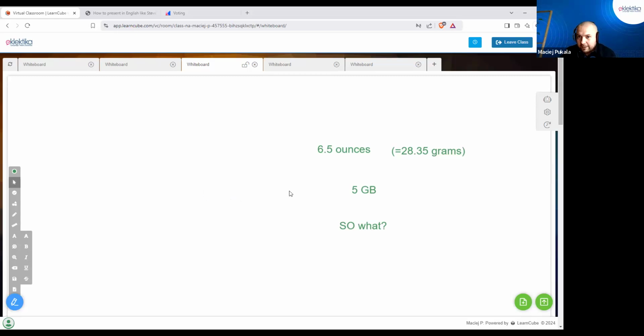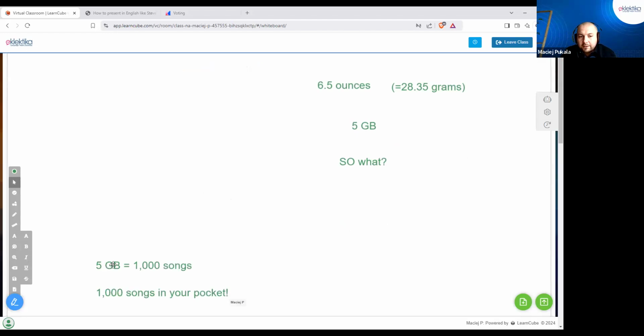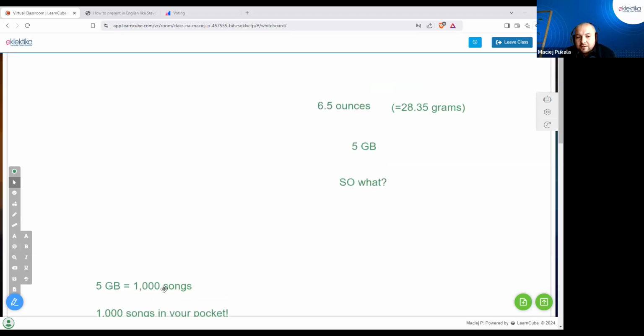It's not easy, okay? So he made those numbers have value. How can we transform this into some kind of value? Well, 5 gigabytes at that time, of course now we can use different formats, but 1,000 songs. It's a small device. 1,000 songs in your pocket.